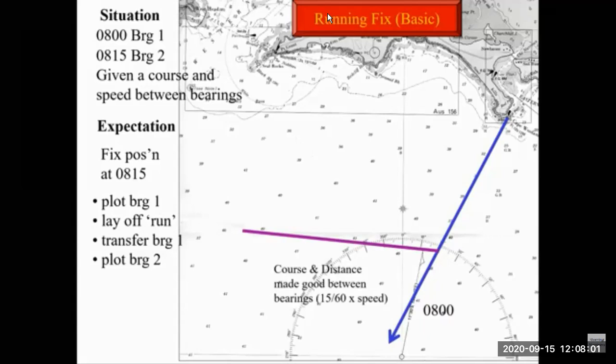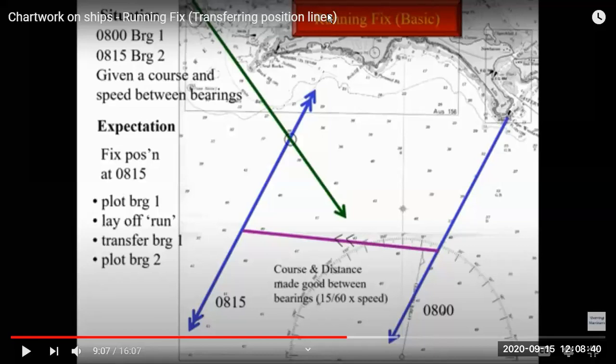And then we plot the second bearing. Then we plot the second PL, that is the green one, and we take the initial 0800 PL and transfer it to the DR position which we got after putting the run of the vessel. So the ship will be somewhere here, in case the initial position was this, but the initial position is not fixed.